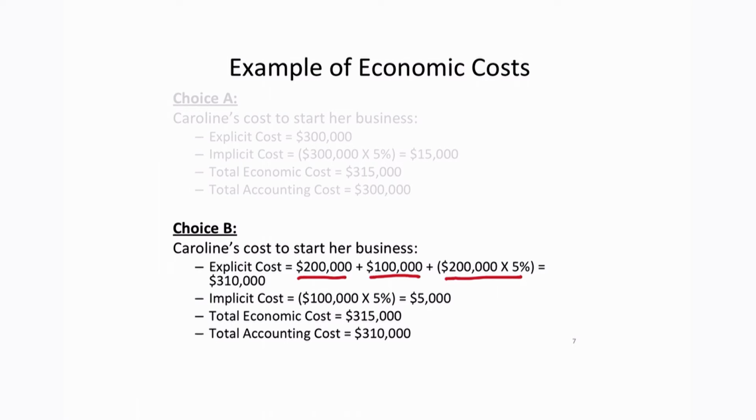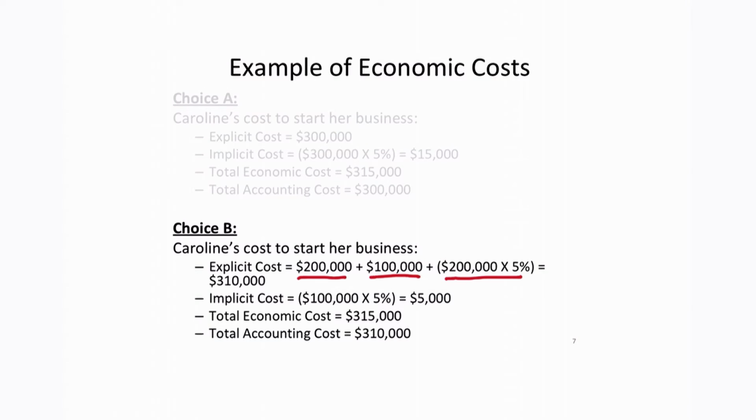$310,000. The implicit cost is going to be the loss of interest income that she has from pulling the money out of her savings account. So that $100,000 would have otherwise been making 5% on an annual basis if she kept the money in the savings account. So her foregone interest income is $5,000.